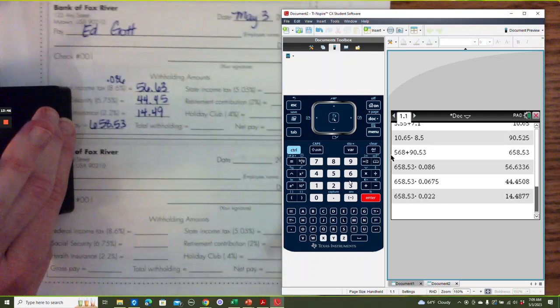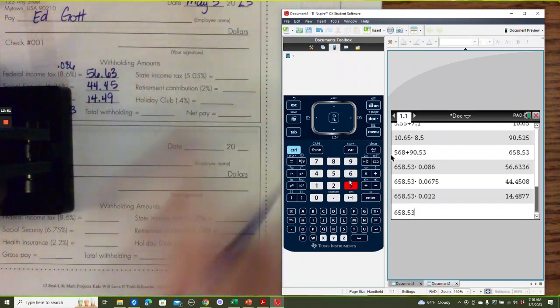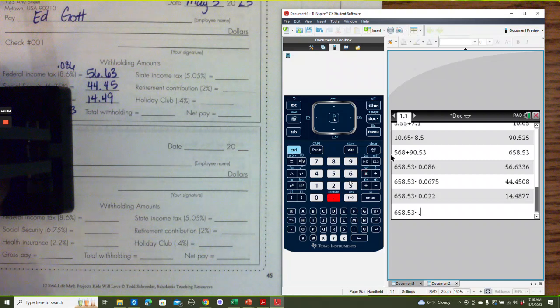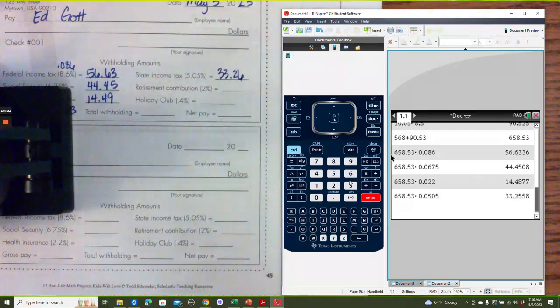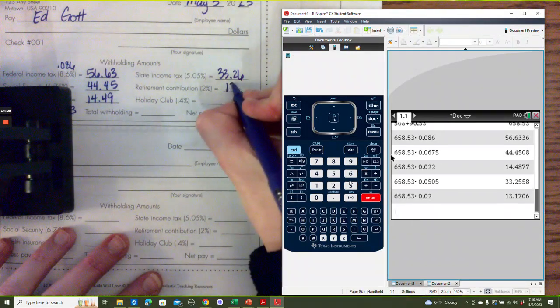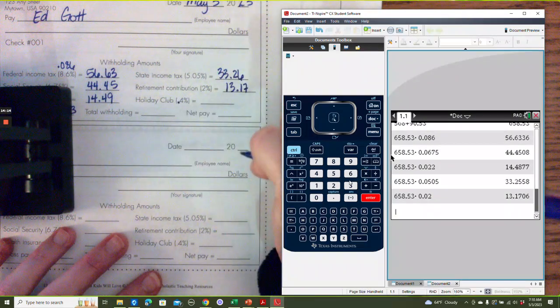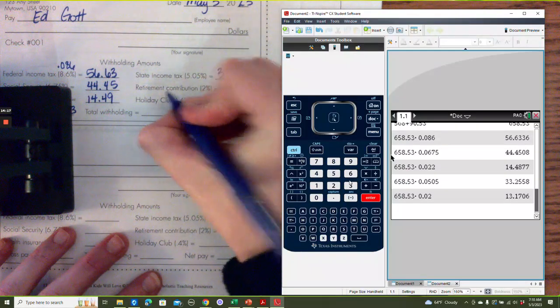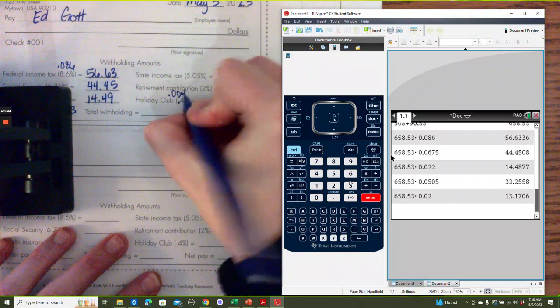Okay. Now we've got these other amounts over here. So we're still starting with the gross pay. 5.05 would be 0.0505. So $33.26. 658.53 times 2%, 0.02, $13.17. And it's kind of hard to see. This is 0.4%, which would be if I moved it 2 places, 0.004.